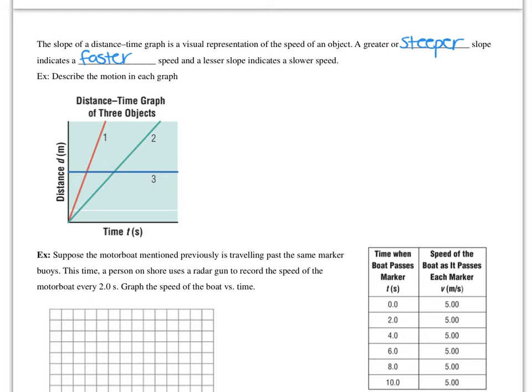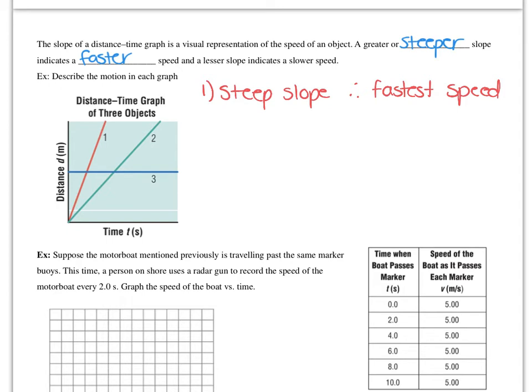So looking at the motion of each object in this graph here, we have lines 1, 2, and 3. Line 1 appears to be the most steep, if you were thinking about it as a hill to climb. So line 1 has a steep slope. Therefore, it is the fastest speed in our distance time graph here.